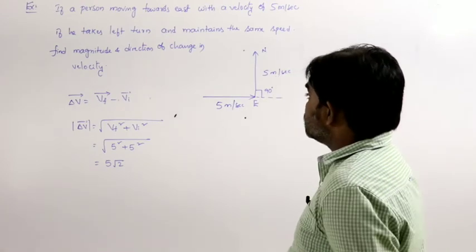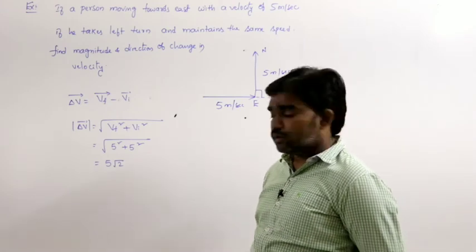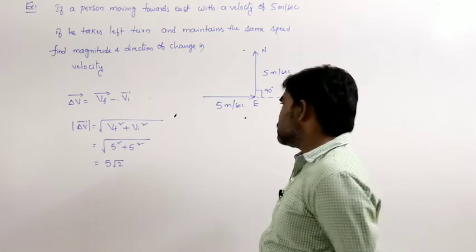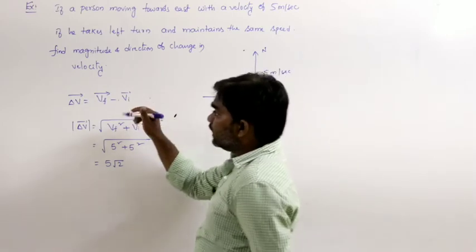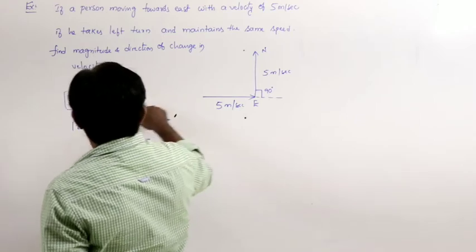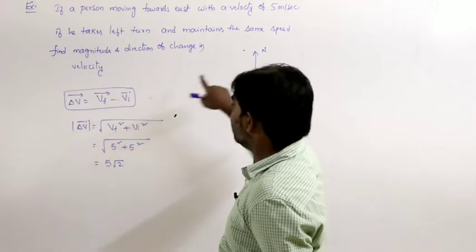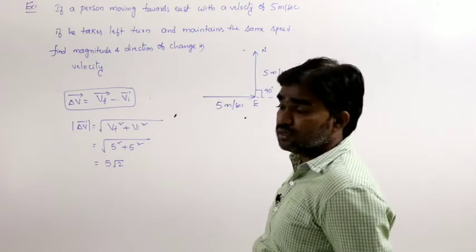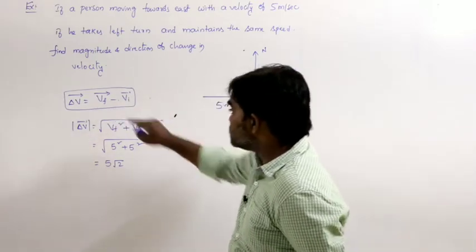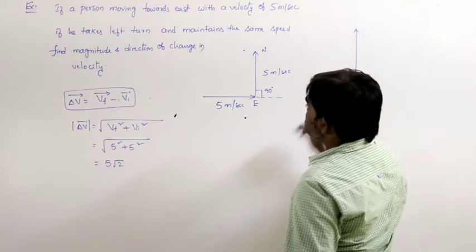But what is the direction? Velocity must have both magnitude and direction. We got the magnitude. What is the direction? To calculate the direction, by using this relation, we can rewrite the directions. Final minus initial. What is the direction of final? Towards north.